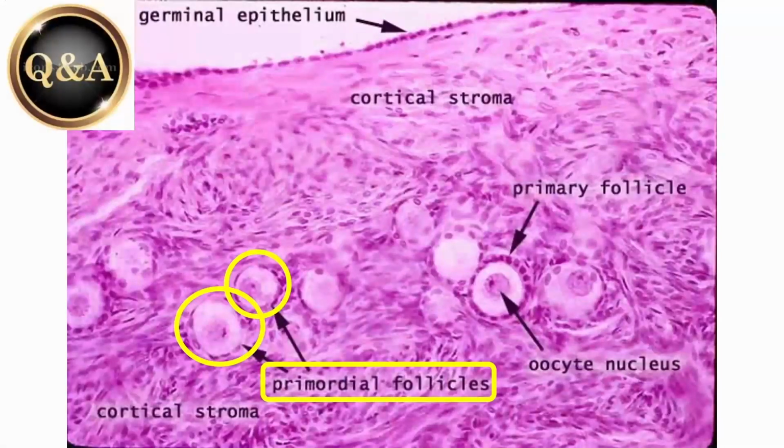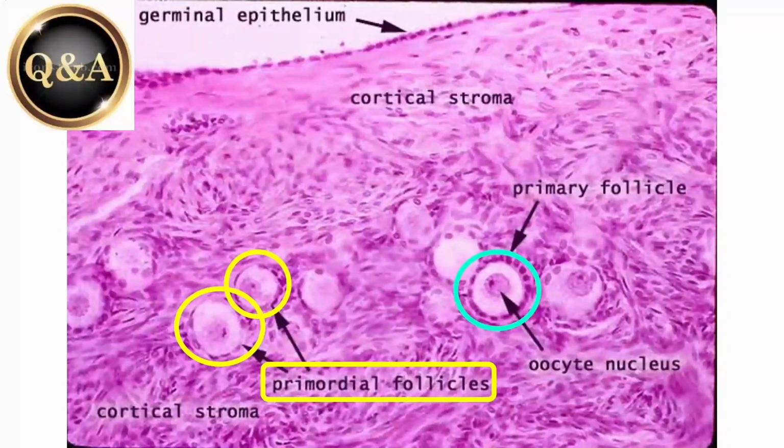When we go around and look for other follicles, we can see a follicle here. First of all, the ovum or the oocyte is larger, and we can see that the surrounding cells are not thin, because the nuclei are not like a simple line.